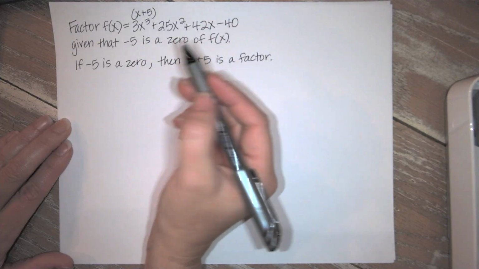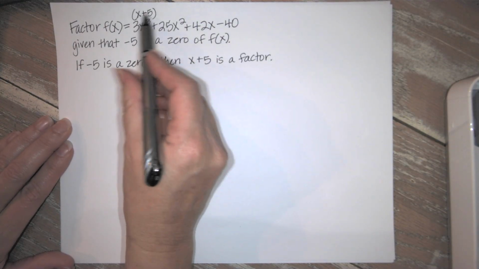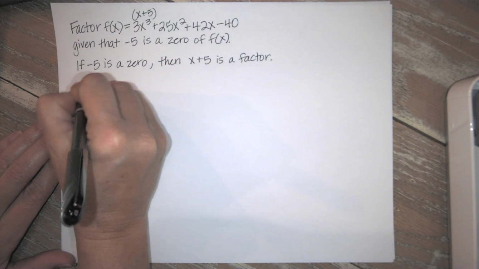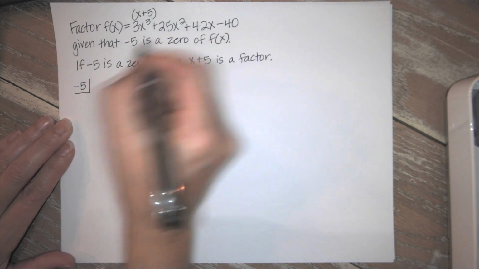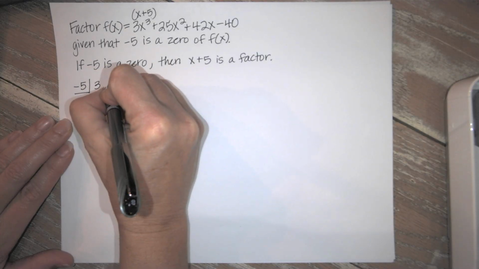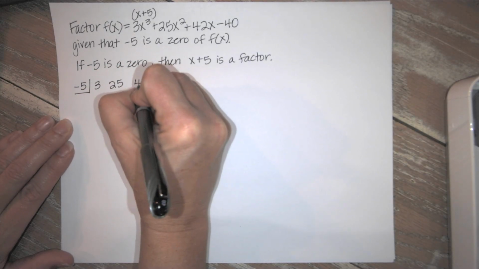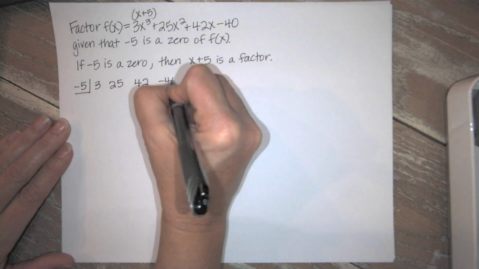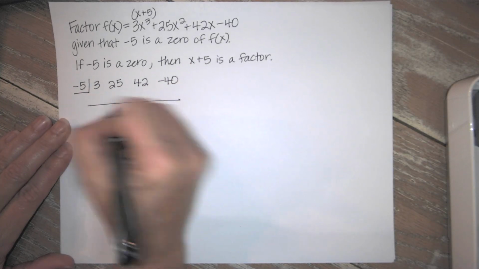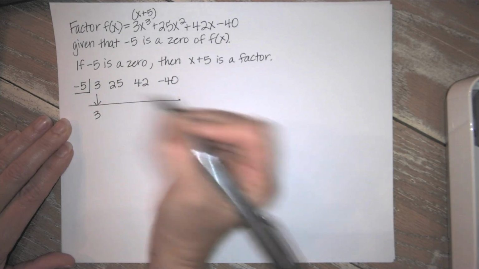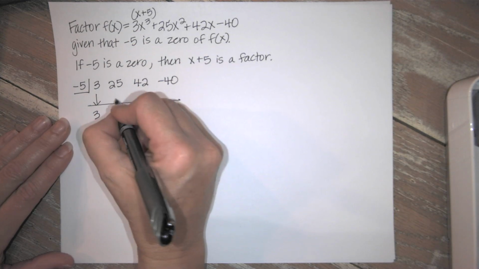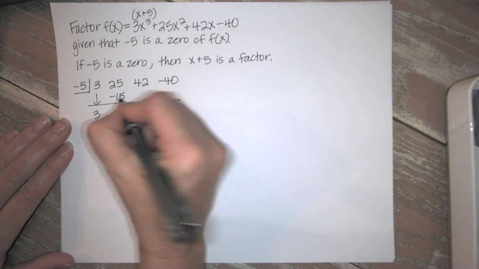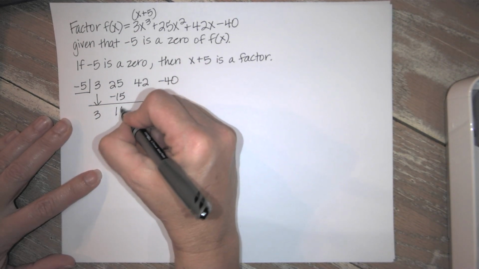So let's do that. So if negative 5 is the zero, then we're going to put in negative 5 in the box. We're going to bring our coefficients down from the polynomial, and we're going to do synthetic division. I'm going to bring the 3 straight down. I'm going to multiply. I'm going to combine those.